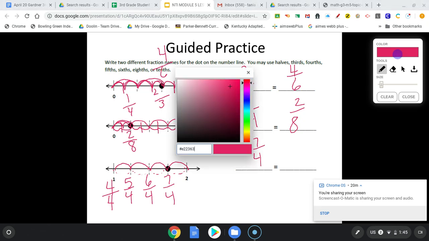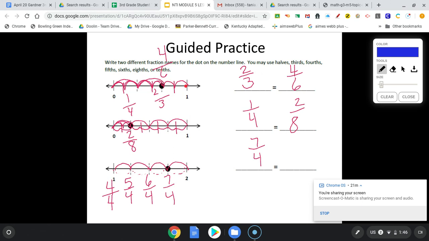Now, if we want to see what's equivalent to that, what do we need to partition it into now? Very good, eighths. So we have 1, 2, 3, 4, 5, 6, 7, 8. So our unit is eighths. We're looking at the blue line.